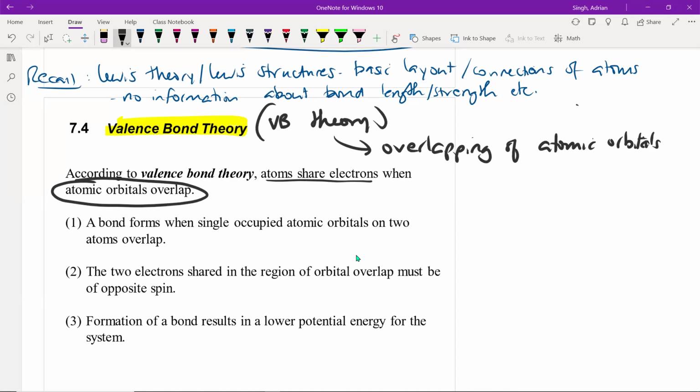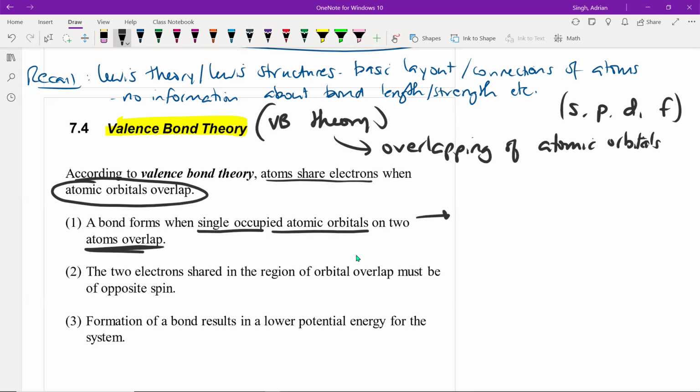We talked a lot about atomic orbitals in the earlier sections. We're looking here at s orbitals, p orbitals, d orbitals, and f orbitals, for instance. So how does a bond form according to valence bond theory? Well, a bond forms when you have single electrons in atomic orbitals on two different atoms that overlap with each other.